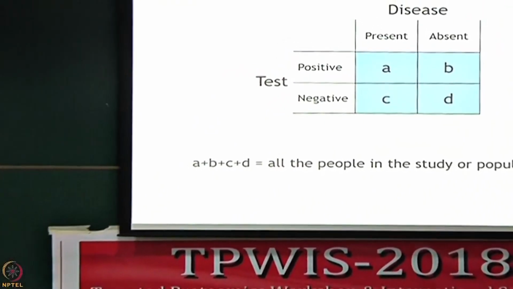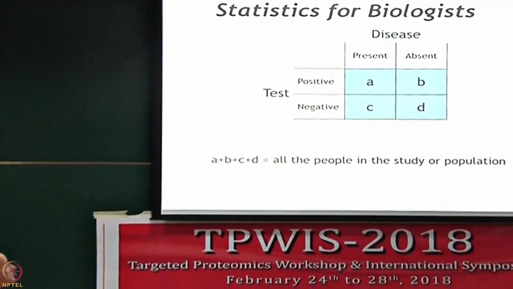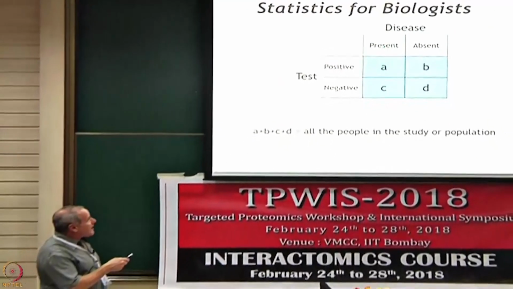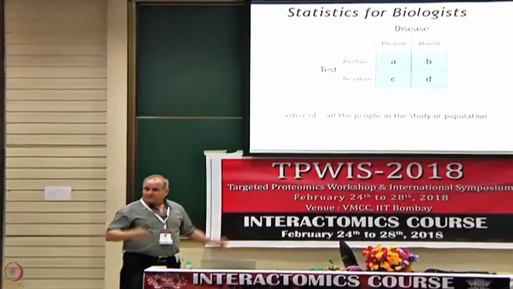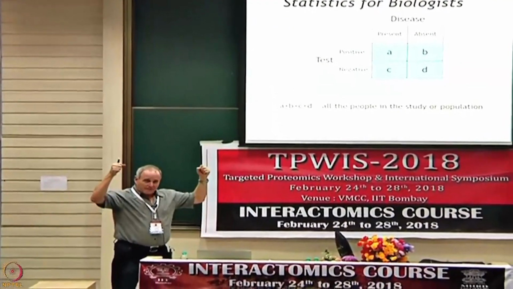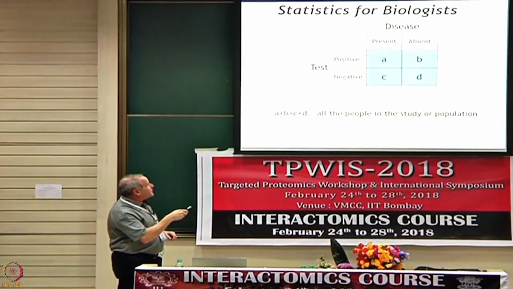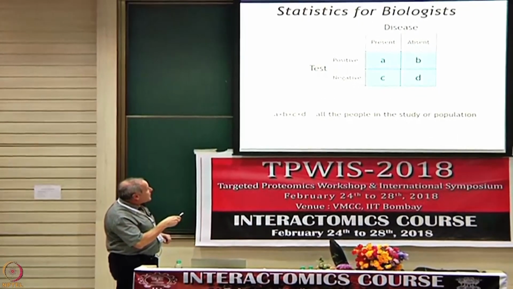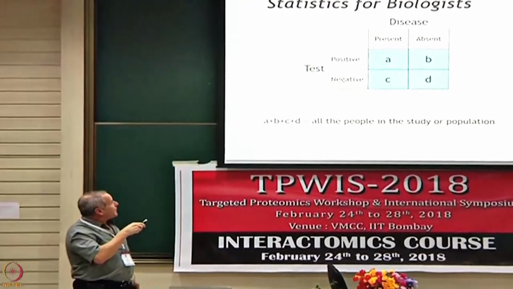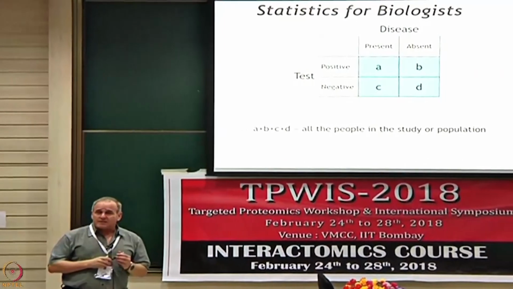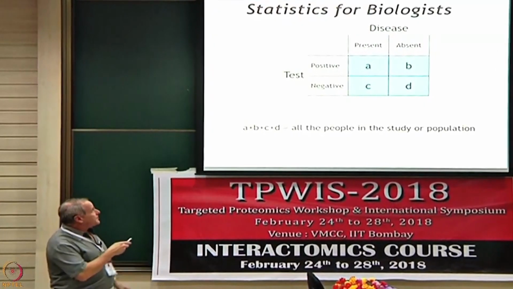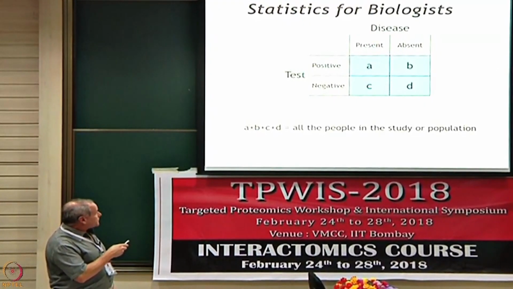And for the moment, let's assume that this is absolute truth. This is truth, with Roman characters. This is the absolute answer. And then now we also have a test. This is our biomarker right here. And our test is designed to predict these two features.